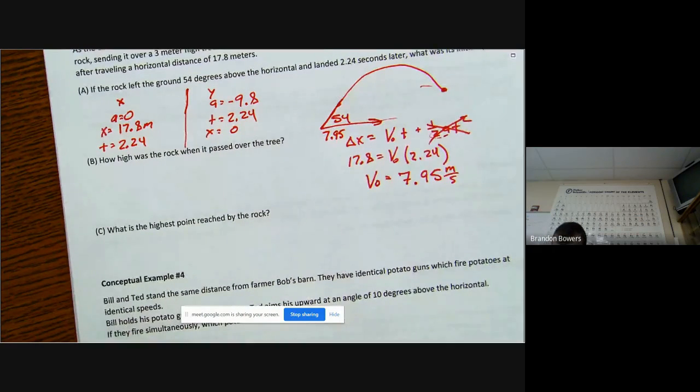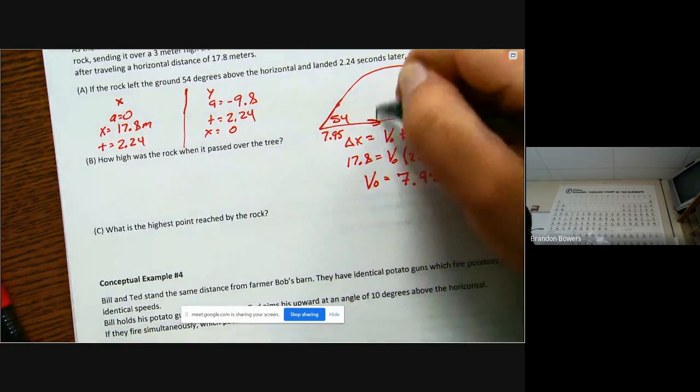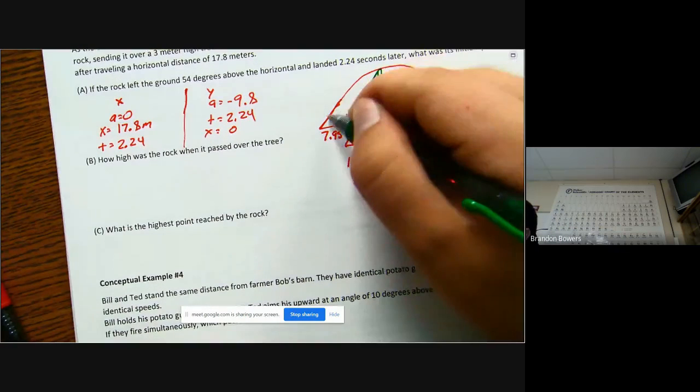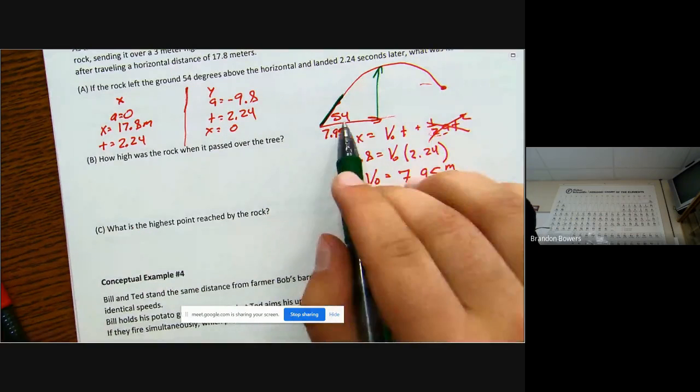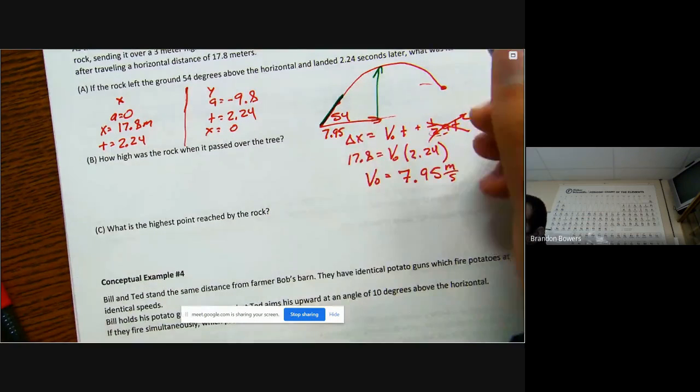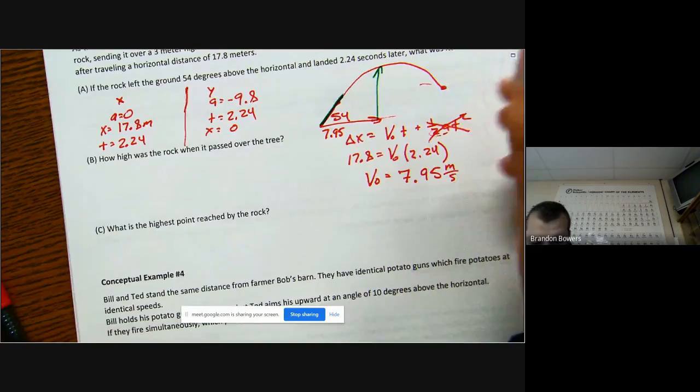Okay. Is there a way? Do I have to solve for the Y direction, or can I just solve for the resultant right away? Yeah, I can solve for the resultant, right? So I know the adjacent side, and I'm solving for the hypotenuse. So I'm going to use cosine.